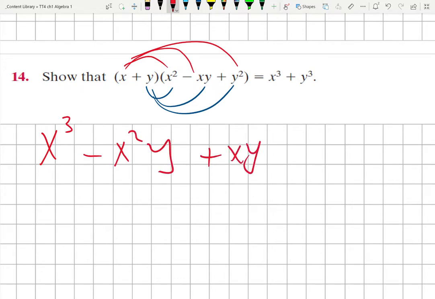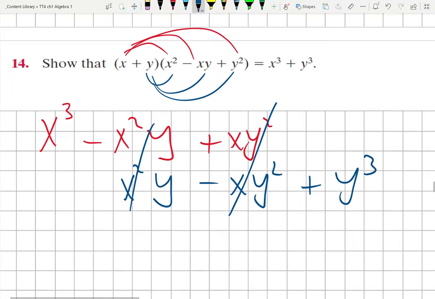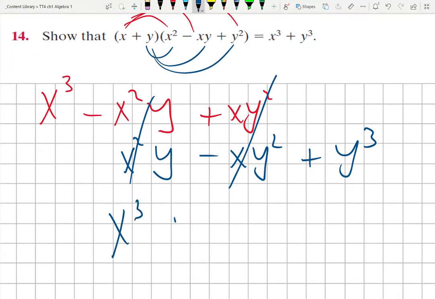And the blue ones, it'll be a y x squared, which will be cancelling there. It'll be minus xy squared, which will be cancelling there. And it'll be plus y cubed. So we get x cubed plus y cubed, which is the sum of 2 cubes identity.